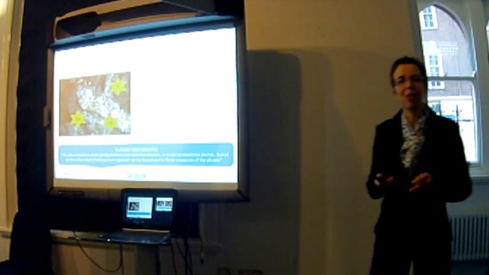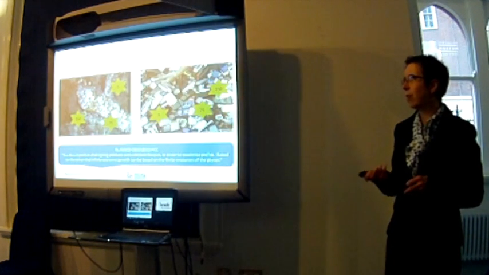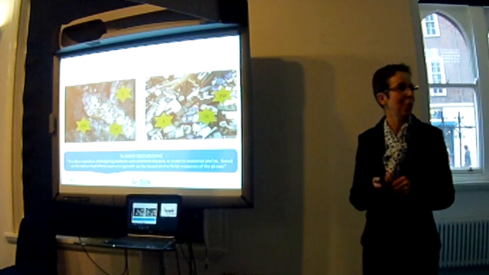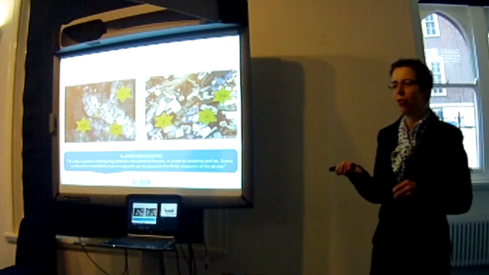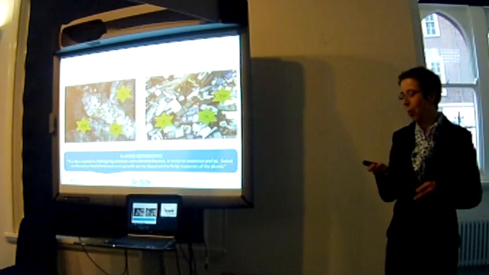Okay, so those of you pessimists, you were right, it's 5 grams. So on the right-hand side, we have a ton of discarded mobile phones. And again, how many grams of gold do you think we can extract from those? Okay, about half of you, 150? Yeah, optimists, you're right. So if my pension fund was going to invest in materials extraction, I think I'd know which I prefer.